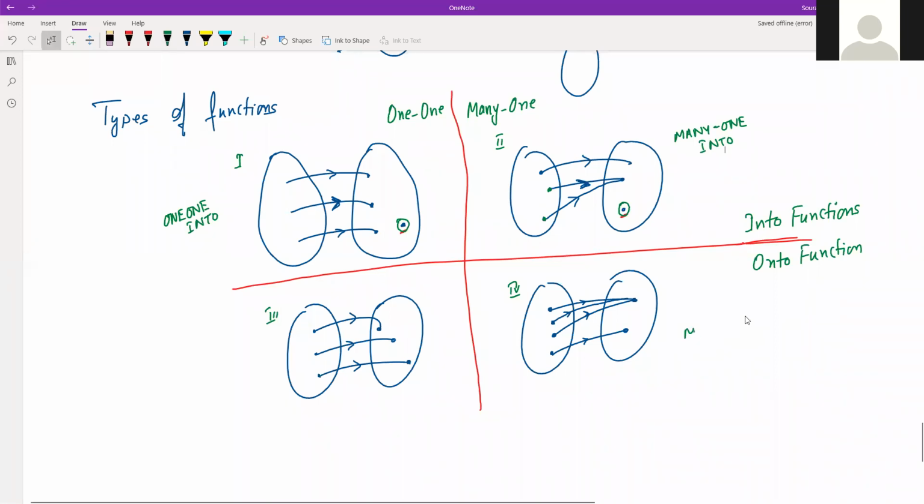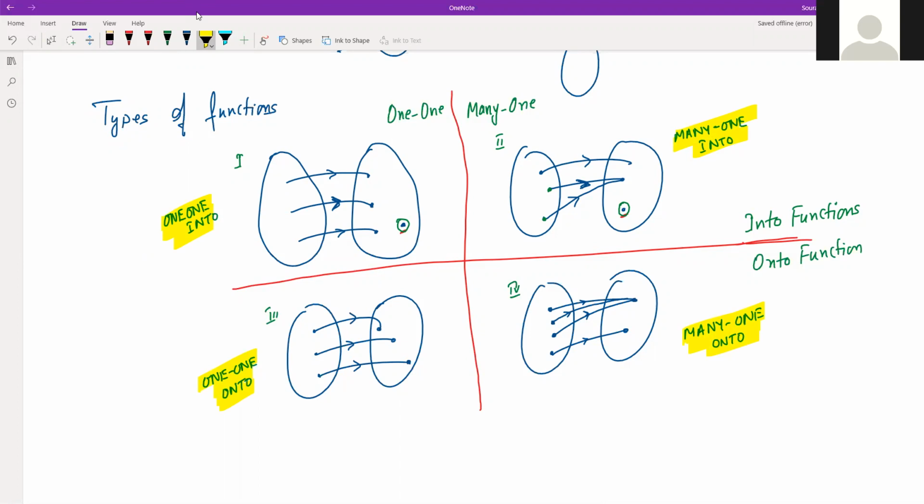This one is many to one onto function, because in codomain there is no element left without a pre-image, and this one will be called one-one onto function. So these are the four total divisions, that is one-one into, one-one onto, many-one into, and many-one onto.